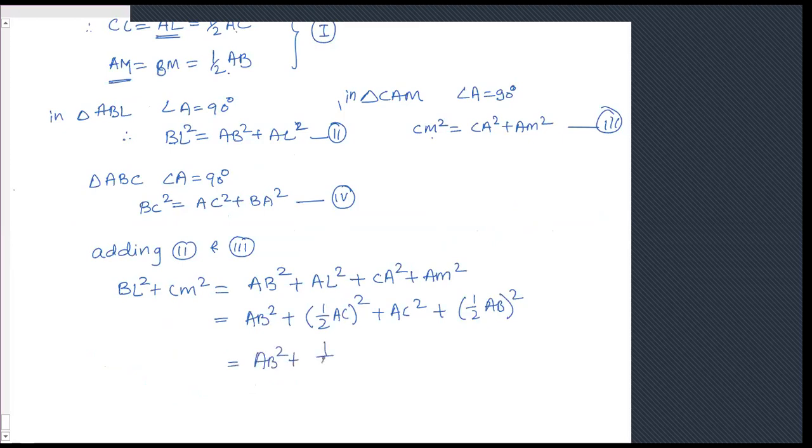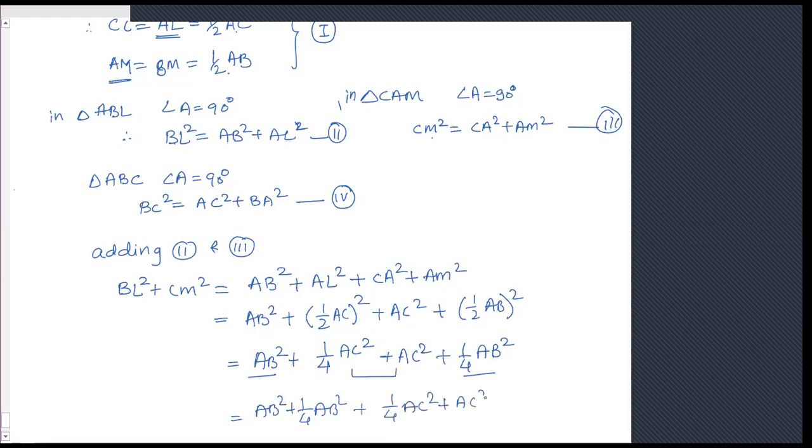AB square plus 1 by 4 AC square, since half AC whole square gives 1 by 4 AC square, plus AC square plus 1 by 4 AB square. So these are AB square terms and these are AC square terms. AB square plus 1/4 of AB square, plus 1/4 of AC square plus AC square.